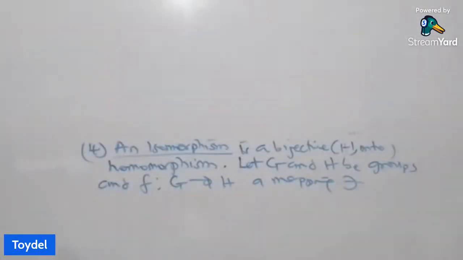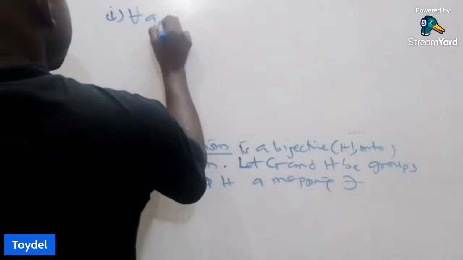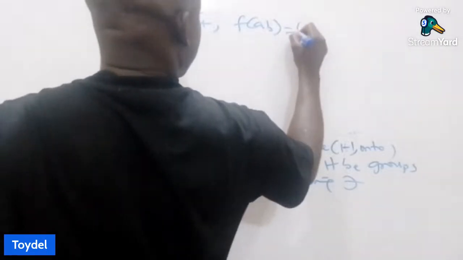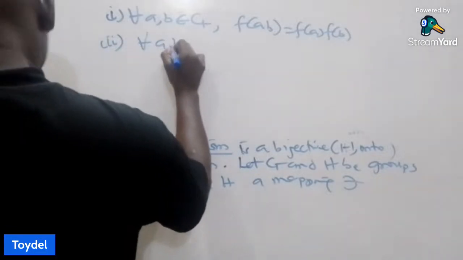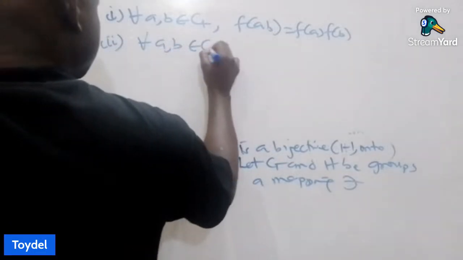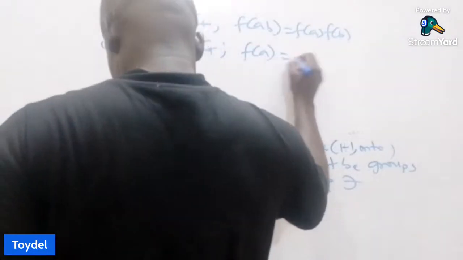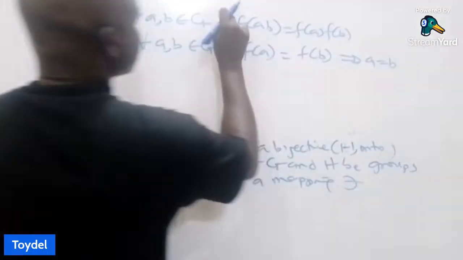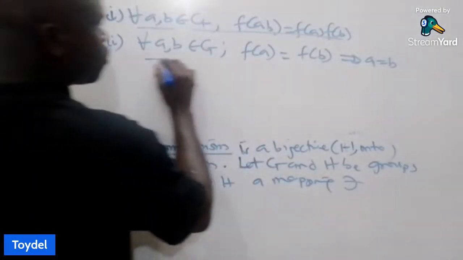The first one, for all a, b that belong to G, we have f(ab) = f(a)f(b). Then the second one is that for all a, b that belong to G, f(a) = f(b) implies that a = b. Now this first one is talking about the homomorphism condition. Then this one is one-to-one.